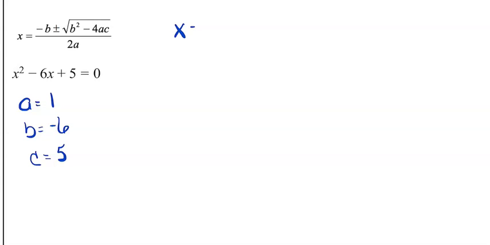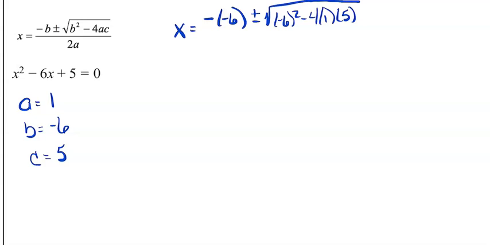So x equals negative whatever b is, which is -6, plus or minus the square root of b, so -6 squared, minus 4 times the a, which is 1, and times the c, which is 5. Get that radical sign all the way over. And this is a fraction over 2 times a, and 2 times a, well, 2 times 1.